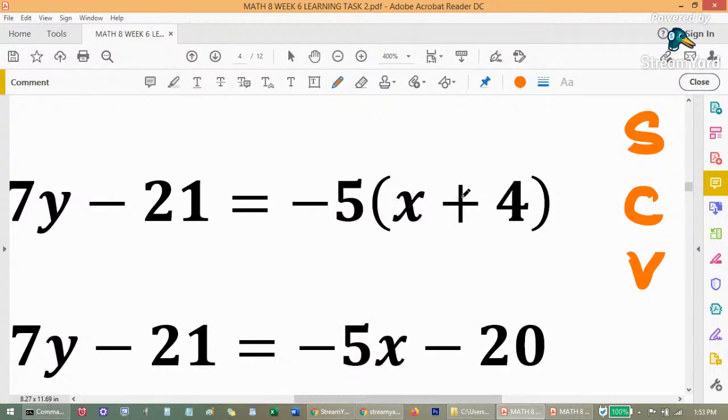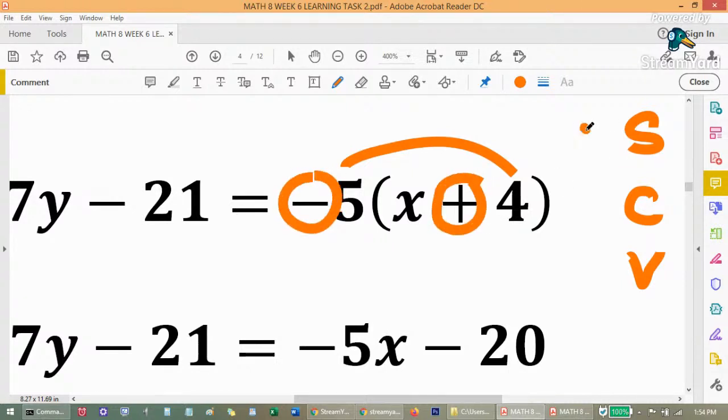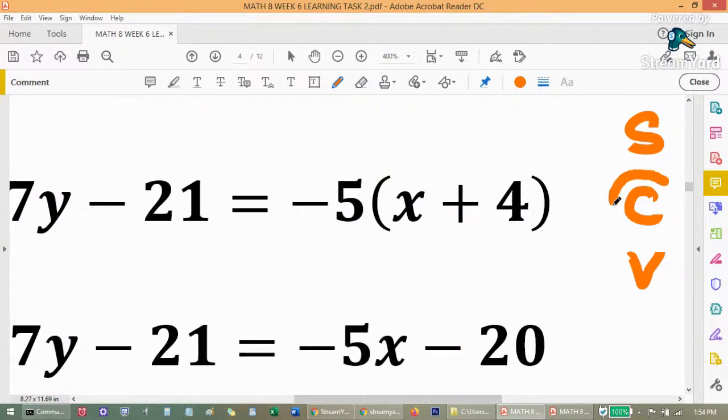Okay. Next is, itong dalawa naman, this is negative, this is positive. So, ang sign nito is negative. Negative times positive is negative pag magkaiba. Let's go to coefficient. 5 times 4 is 20.